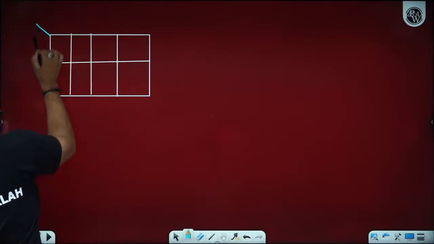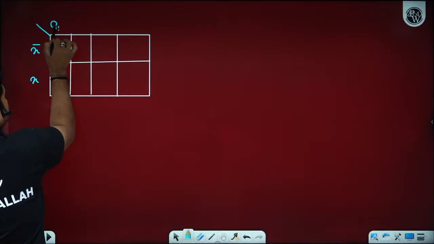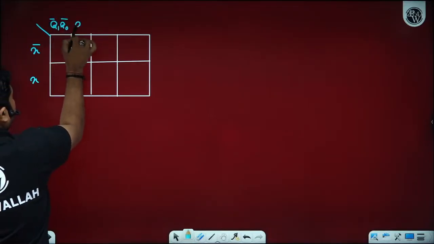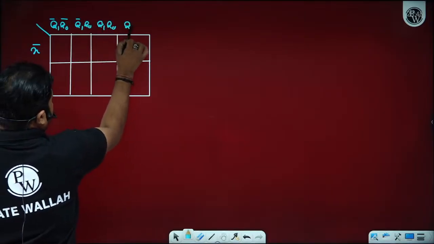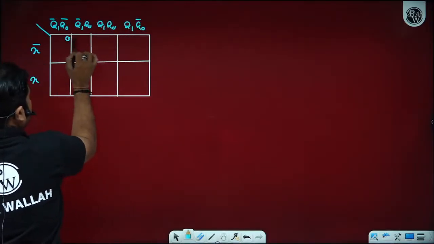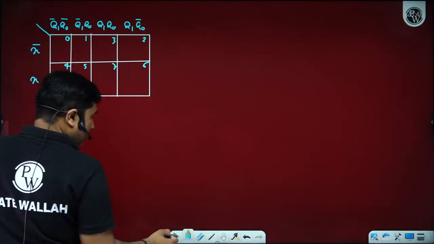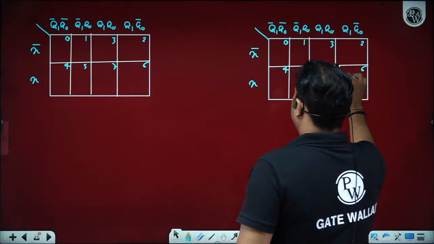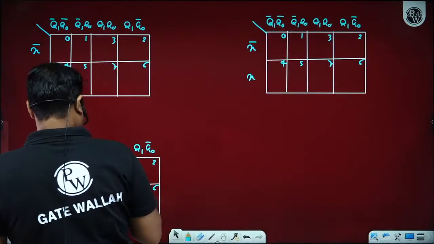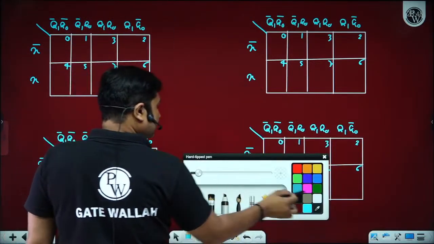So in terms of present state, we have X bar, X present input, and present state Q1 bar Q0 bar, Q1 bar Q0, Q1 Q0, and Q1 Q0 bar, 0, 1, 2, 3, 4, 5, 6, 7. Now we have to observe for J0, K0, J1, and K1. So let's find out the minimized expression.